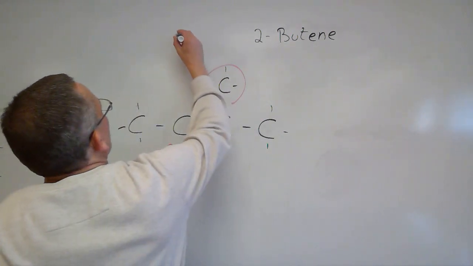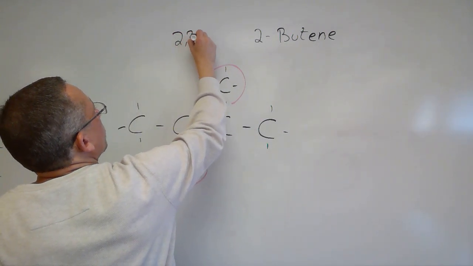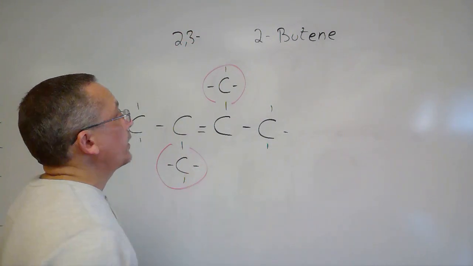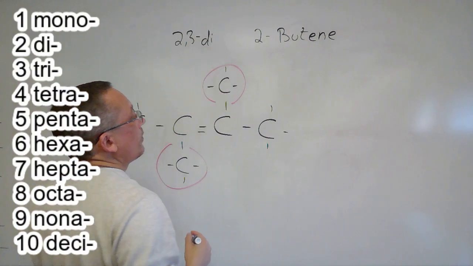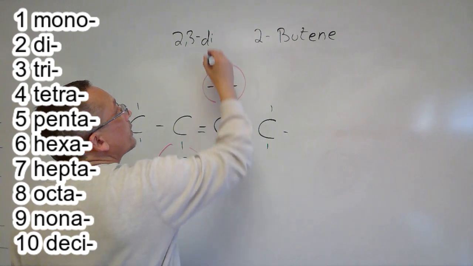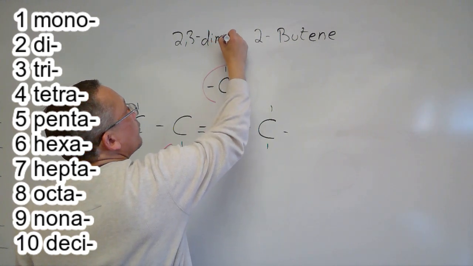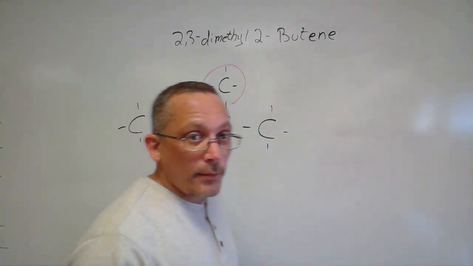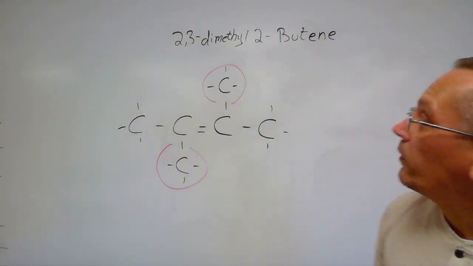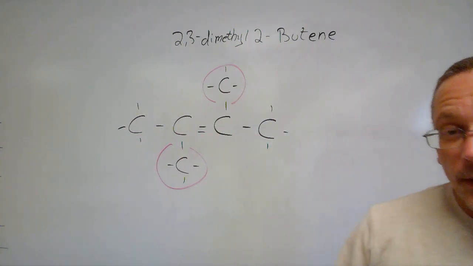So my numbers are 2 and 3. There are 2 of these branches, so I need to put the non-organic prefix, di, and with 1 carbon atom, they are methyl branches. So this compound would be 2,3-dimethyl-2-butene.